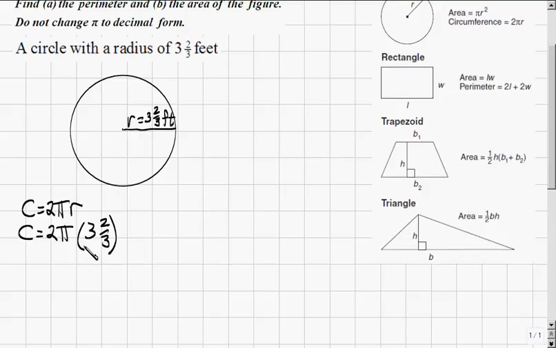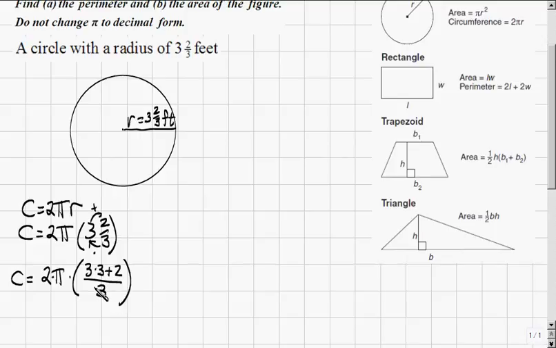So first, let's convert 3 2/3 to an improper fraction. To do this, we'll multiply 3 times 3, the denominator times the whole part, and then add that to the numerator and write that over the denominator. In other words, this will become 3 times 3 plus 2 all over 3. We're still multiplying this by a 2 and a pi, and this is what the circumference will become.